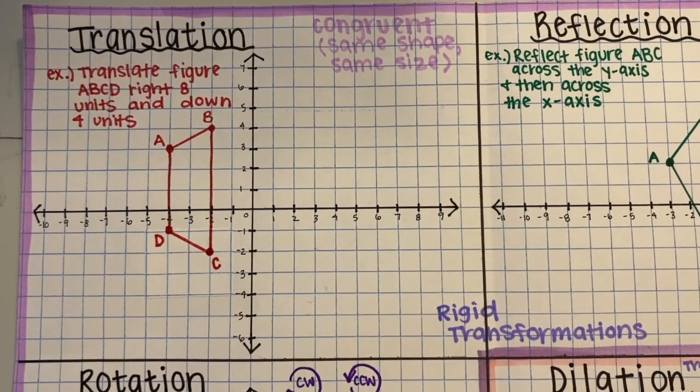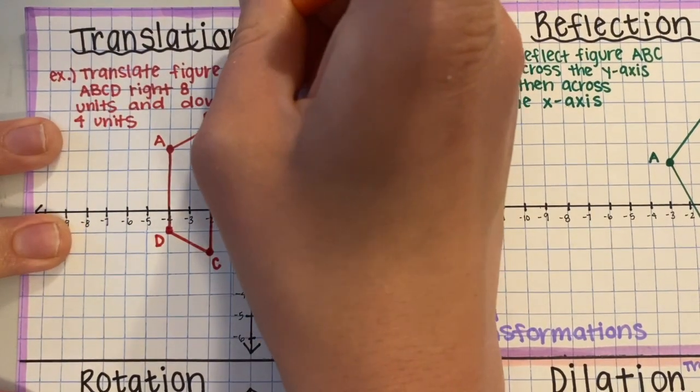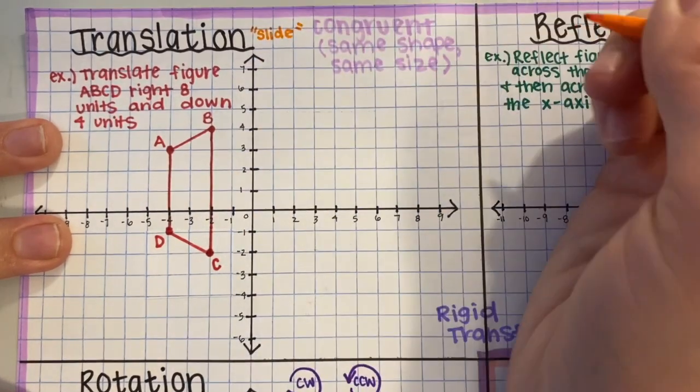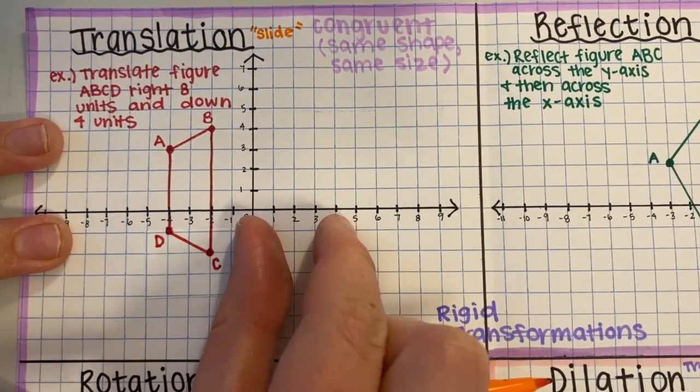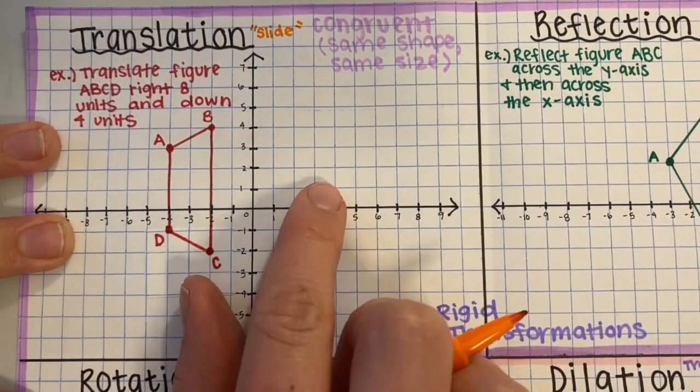A translation can also be called, in simpler terms, a slide. So I'm going to write beside translation the word slide. Because what is happening here is we're actually going to just be sliding our figure to a new location on the plane.